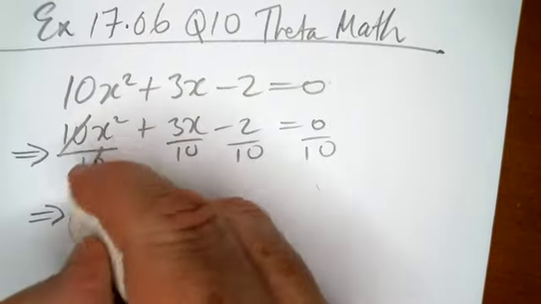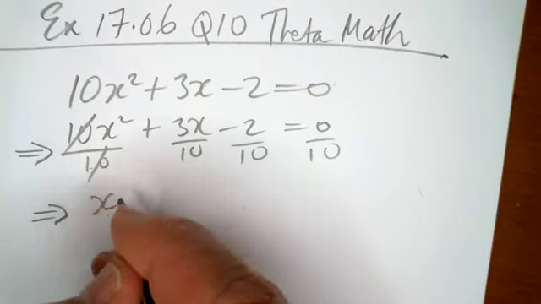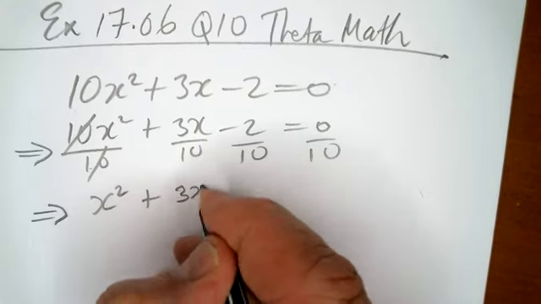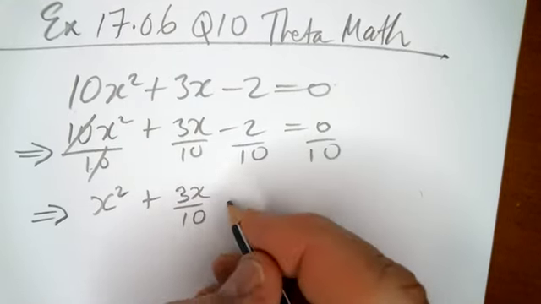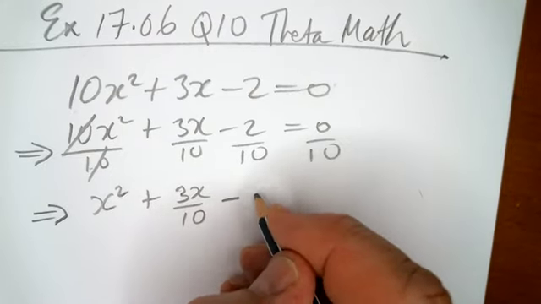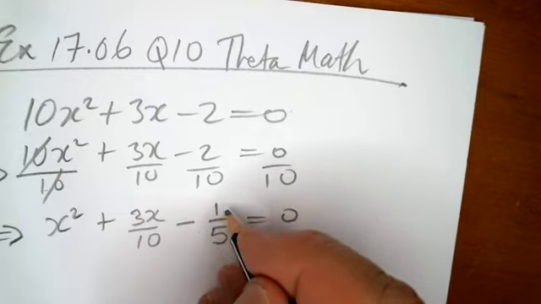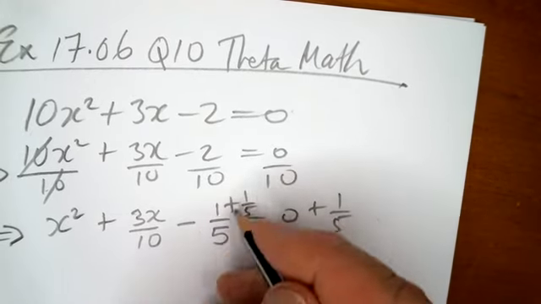Plus, this is 3/10 x, or 3x on 10. But I like to think about it as 3/10 x minus 1/5 is equal to 0. So I'm going to add a fifth to both sides, 1/5 plus 1/5.